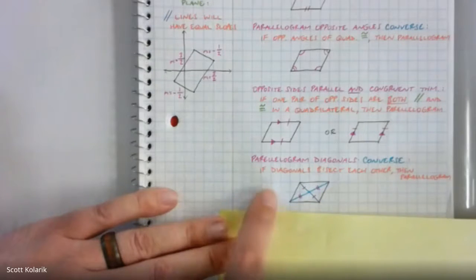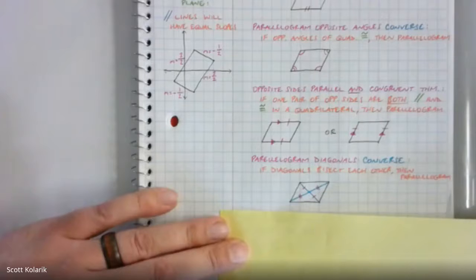In section 3, this guy right here, if diagonals bisect one another, then it must be a parallelogram. Okay, and so the nice convenient thing here with those three theorems now that are basically repeats of each other or converses of each other, I don't have to learn anything new. I just know that it goes both ways.